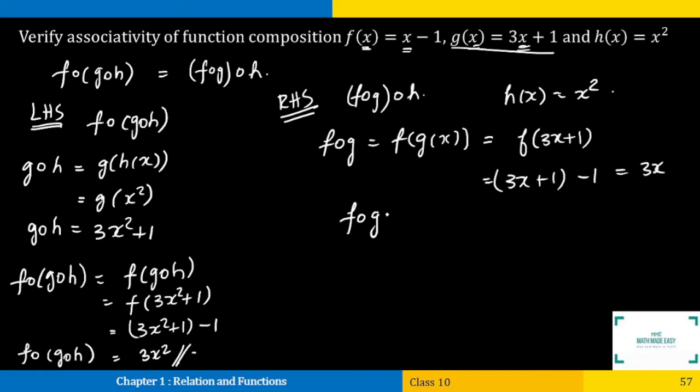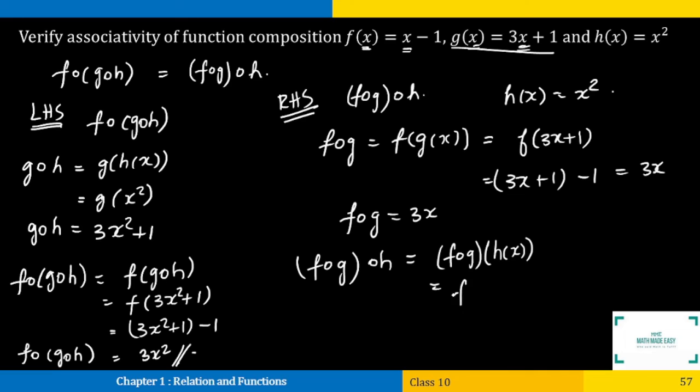So f compo g is 3x, and f compo g compo h means f compo g of h of x, right? So h of x is x square, so you plug this x square in f compo g. Like f compo g is 3x, instead of x you have x square, so 3x square.